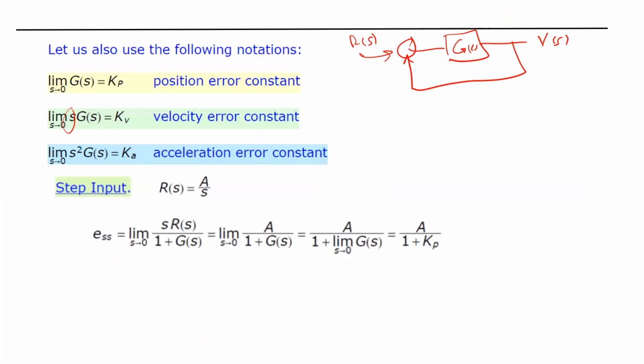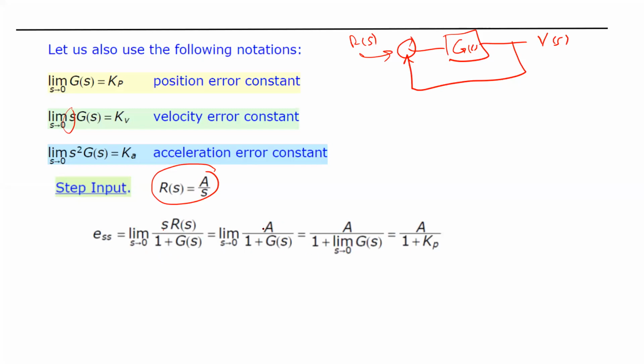So basically, if you have a unity feedback system, we said the steady state error is going to be the limit as s goes to 0 of s R of s over 1 plus G of s. Now, if my input is a step, this s will cancel the input, and I will have only A over 1 plus G of 0, because I can put the limit inside.